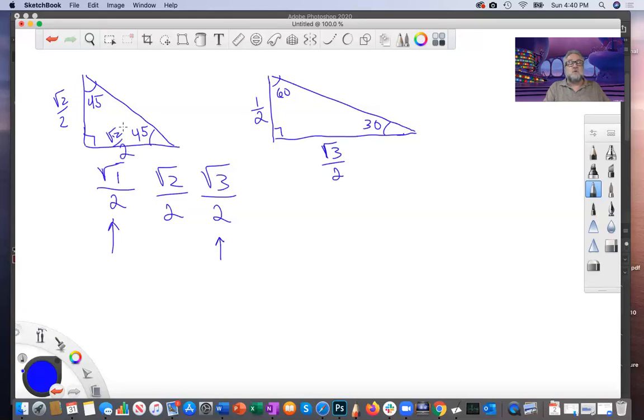In a 45-45 right triangle, the sides of the triangle are equal because the angles are equal. And all of them have a hypotenuse of 1. This is the way I remember the special triangles. And now if somebody tells me, give me an exact solution, I don't know how to spell today, to sine of 60.